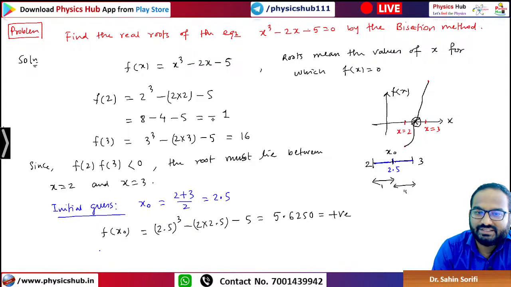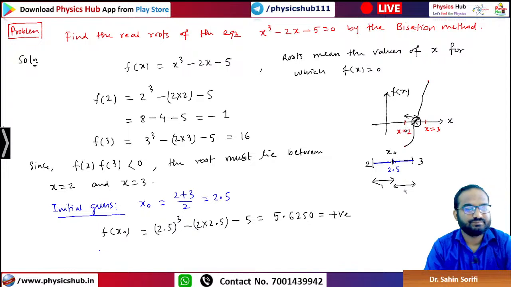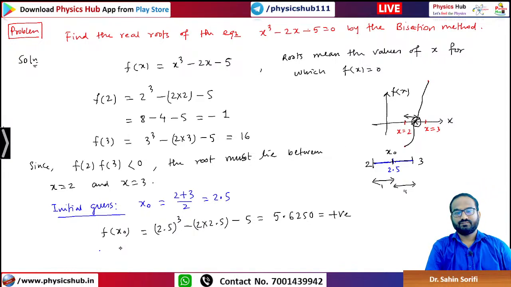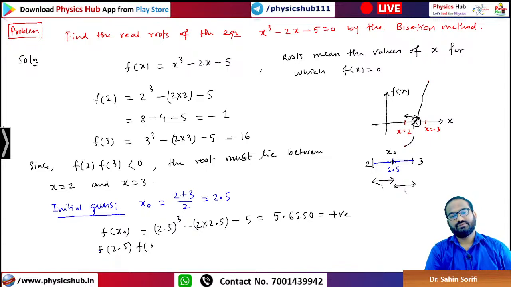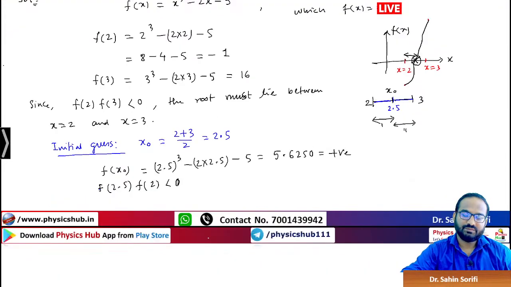Because f of 2 is negative, f of 2.5 is positive. So the root should lie in this interval. So f of 2.5 into f of 2 is negative. So second guess, what will be our second guess?